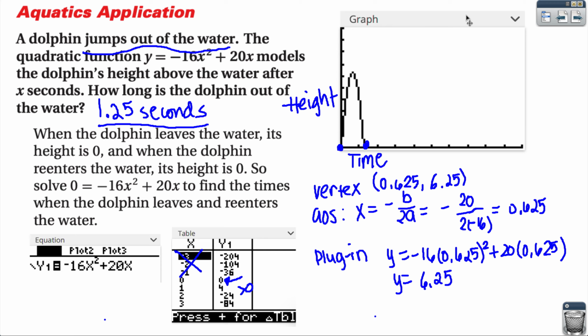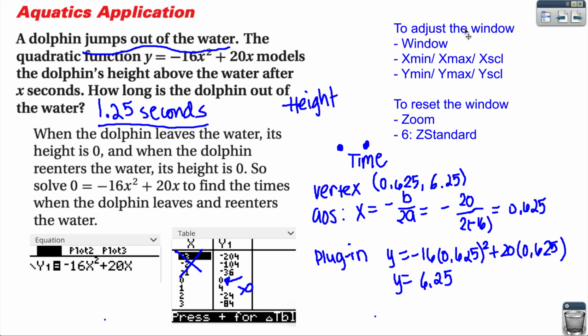The only thing I changed in my calculator was this. I changed the lowest value of x to 0 and the lowest value for y as 0 as well because I know that I'm only using the positive values because I can't have a negative height nor a negative time. And of course if you want to reset your window, you don't want to leave your setting that way.